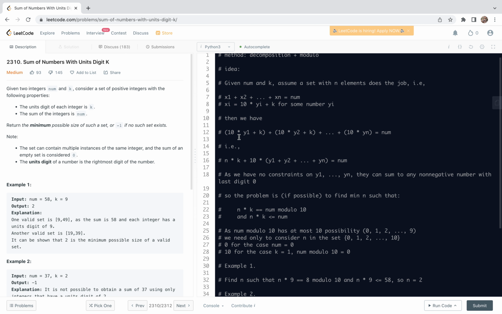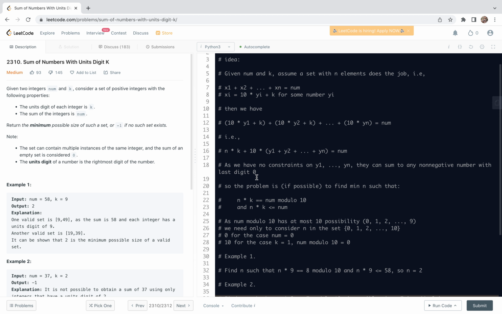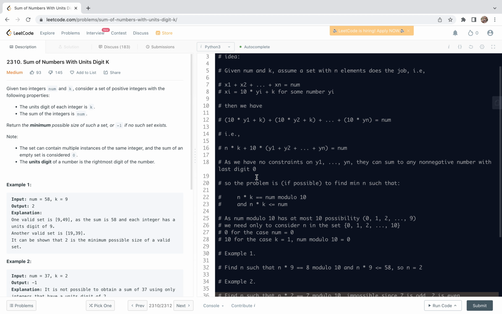If we do the grouping, we get n of the k's, so n times k, plus 10 times (y1 plus y2 plus ... plus yn) equals num.